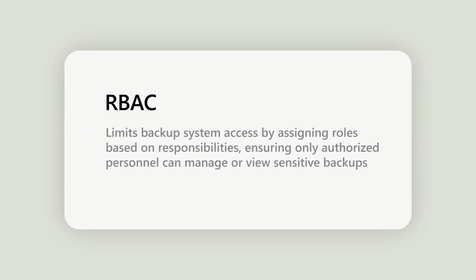Role-based access control is one of the most effective ways to manage backup access. With RBAC, organizations assign roles to employees based on their responsibilities and restrict access to backup systems accordingly. For example, only IT administrators or compliance officers may have access to sensitive data backups, while regular staff may be restricted from even viewing the backup system.